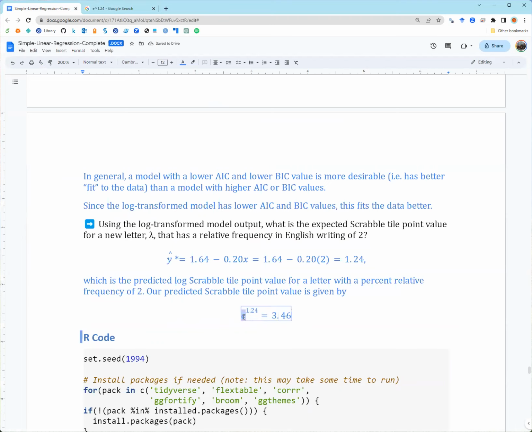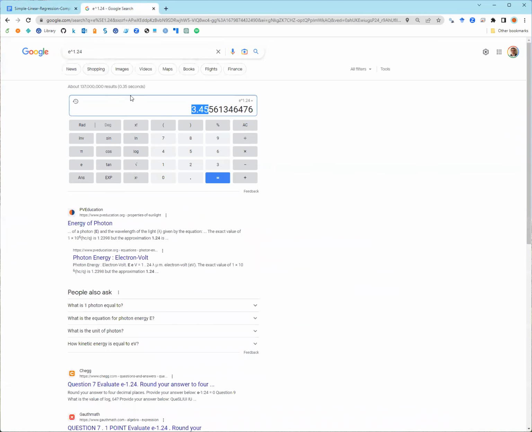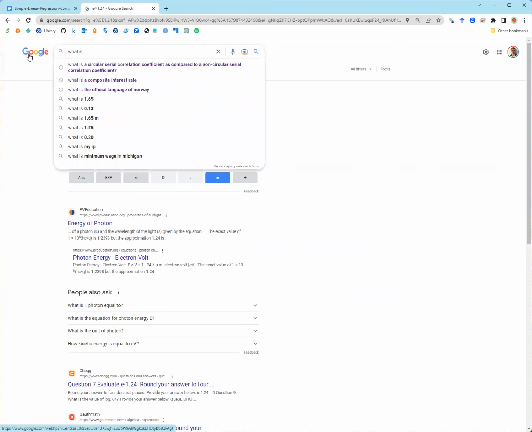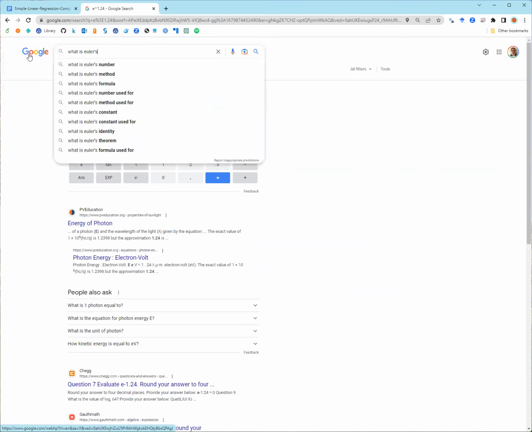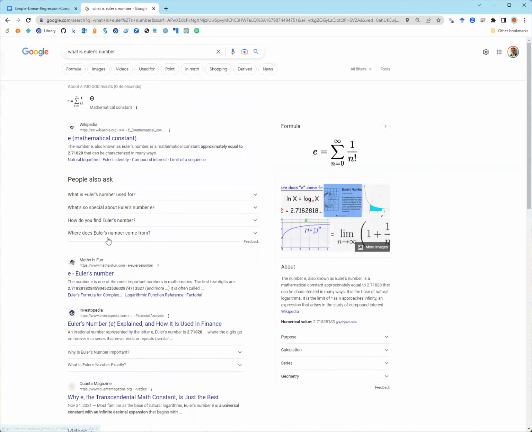E is a number just like pi. It's E for Euler's number. So what is Euler's number? Euler's number is like pi. And here it is, it's like 2.7182. It goes on forever. It's what we call an irrational number.